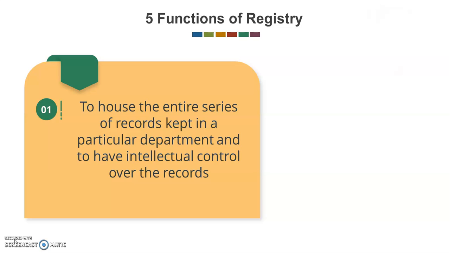When we put them in one place, that particular department or unit will have the intellectual control of the records. Intellectual control here means ownership of that particular record, so that unit or department is responsible for ensuring the physical safety of the records.